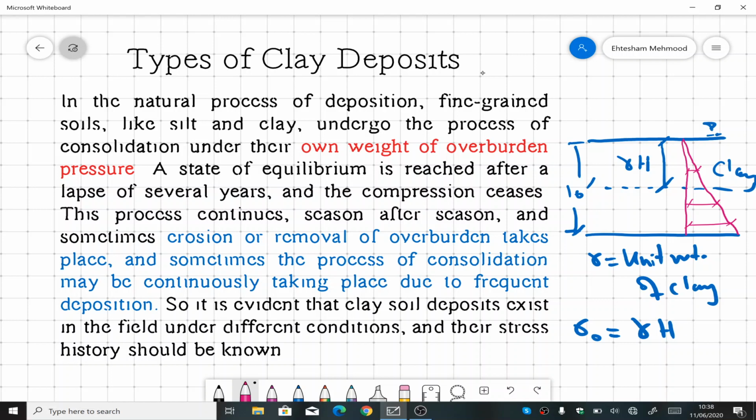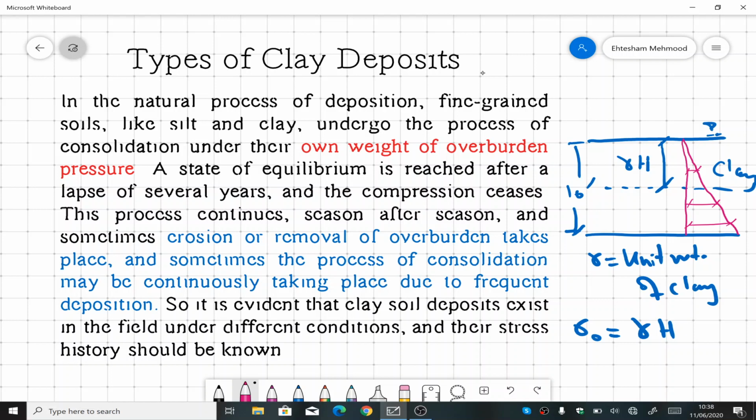A state of equilibrium is reached after a lapse of several years and the compression ceases. This process continues season after season, and sometimes erosion or removal of the overburden takes place, and sometimes the process of consolidation may be continuously taking place due to frequent deposition. So it is evident that clay soil deposits exist in the field under different conditions and their stress history should be known.